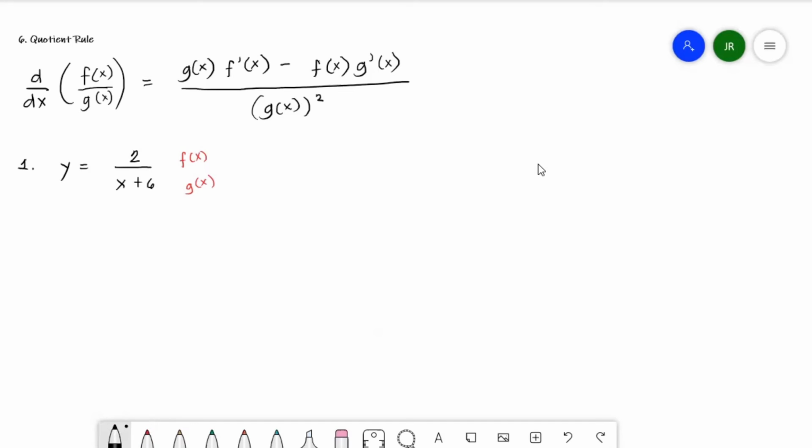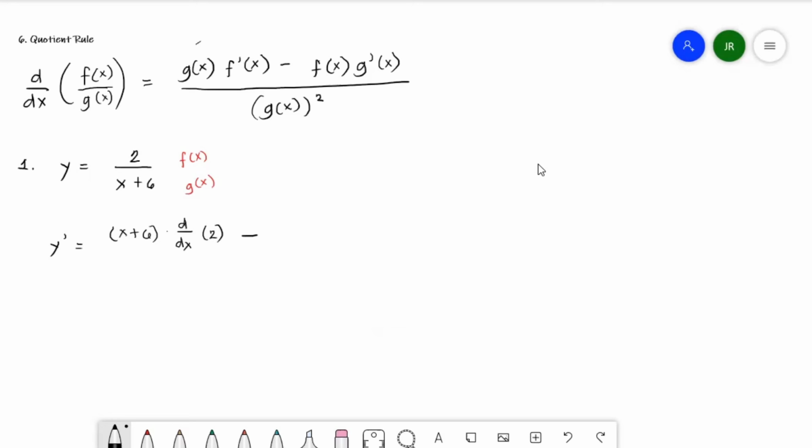So now, y prime is equal to, sabi dito, g of x, denominator ka muna, copy, x plus 6, then multiply by the derivative of the numerator, which is 2.